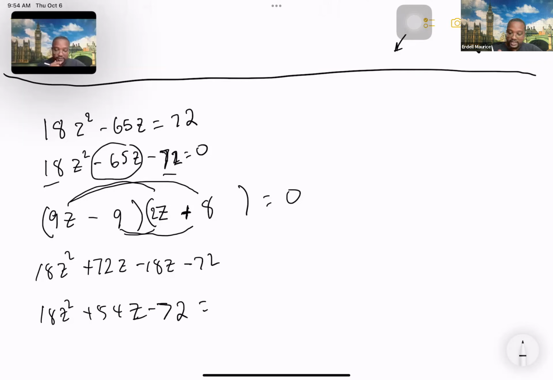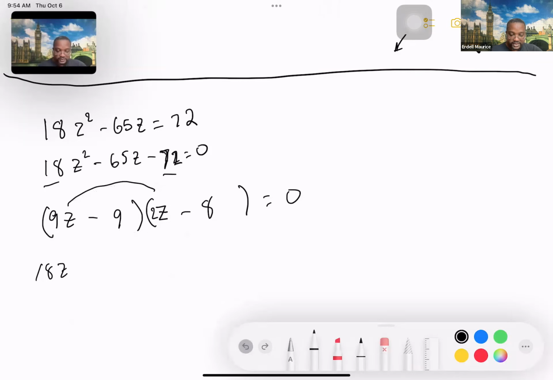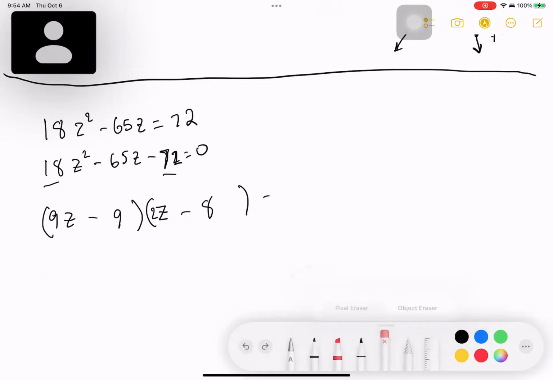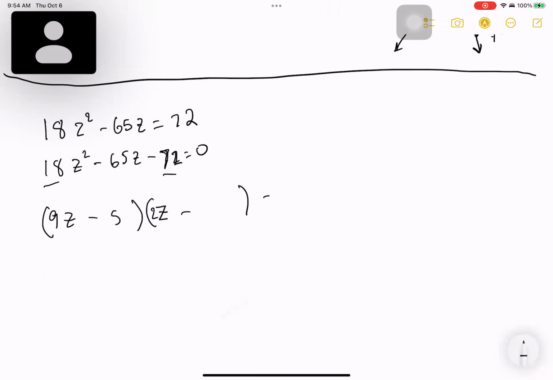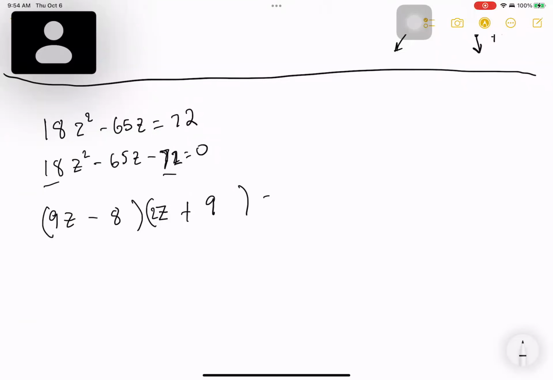So I need to go back and try again, switching the numbers around. What I'm going to do is switch the 9 and the 8. One has to be positive, one has to be negative. You had two negatives there. Oh yeah, that's a problem.